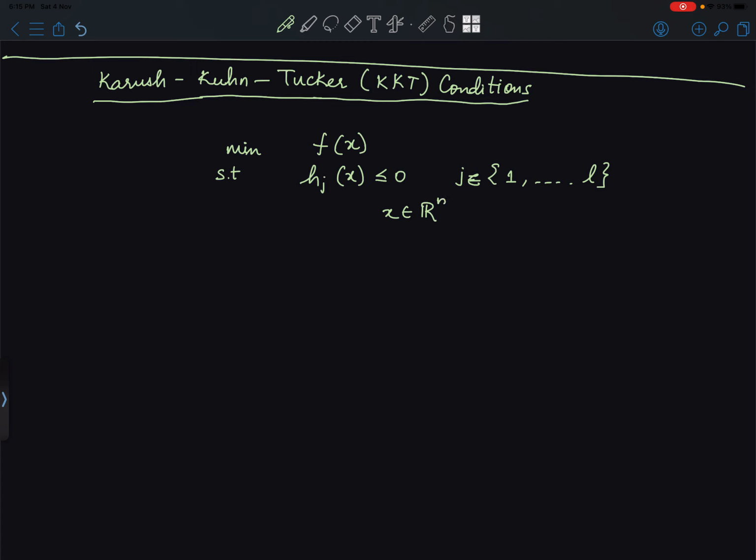Okay, and again, capital X is the feasible set.